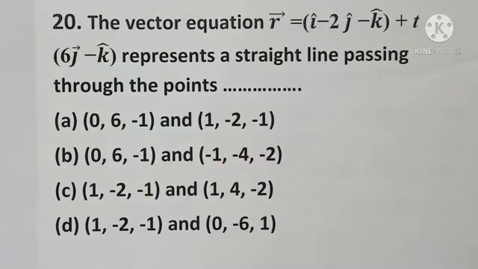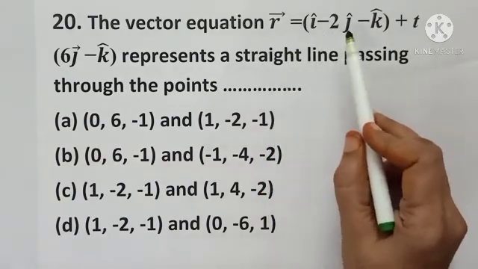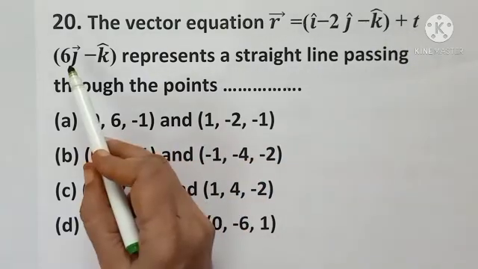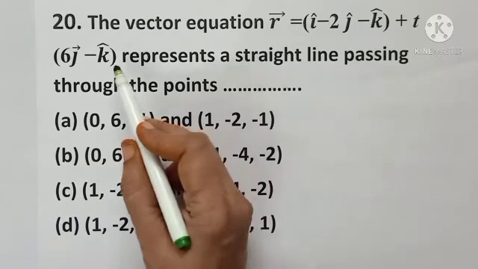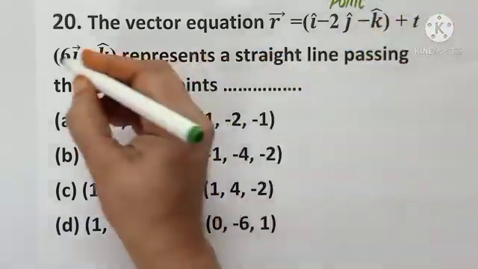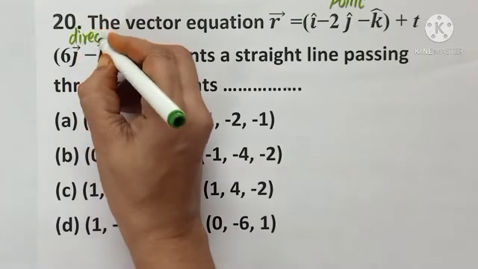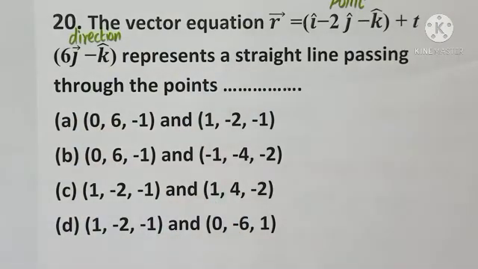Question number 20. The vector equation r equals i minus 2j minus k plus t into 6j minus k. As I read the line equation, I know this is the point and this is the direction. Remember, scalar into what gives us direction.